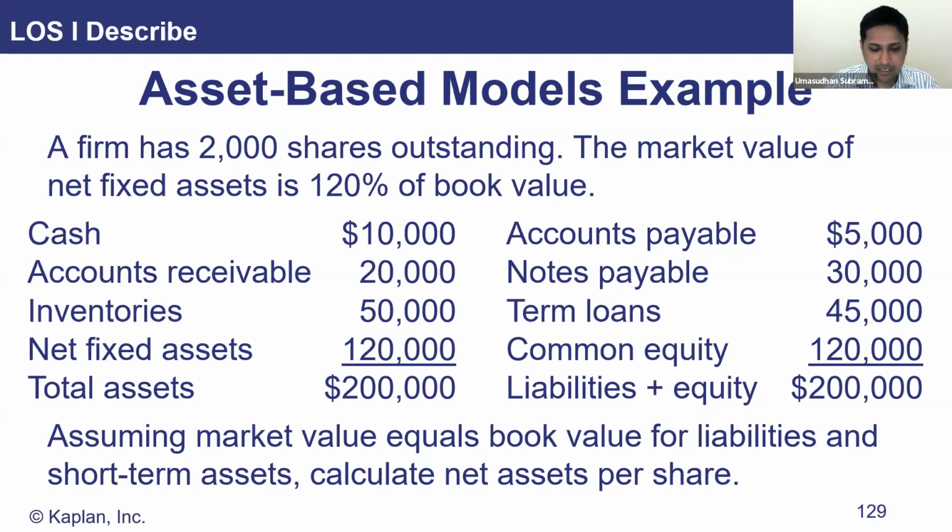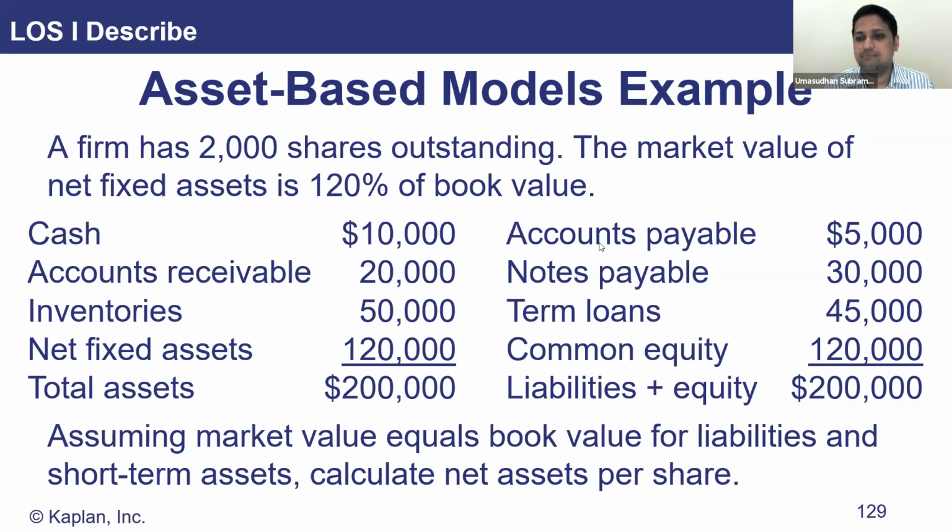That's going to give you 144,000. That's right. So your assets are going to go up by how much? 24,000. So your total assets will become 224,000, because your 120,000 of fixed assets is going to become 144,000.